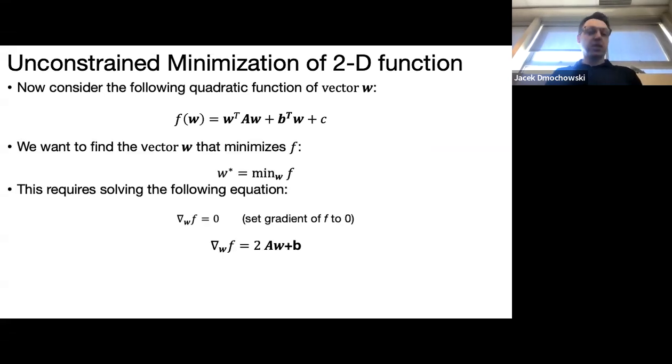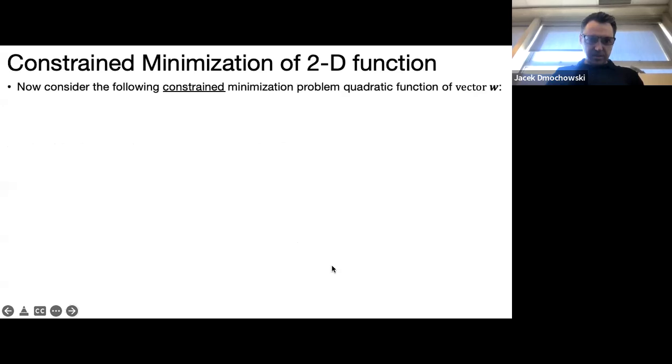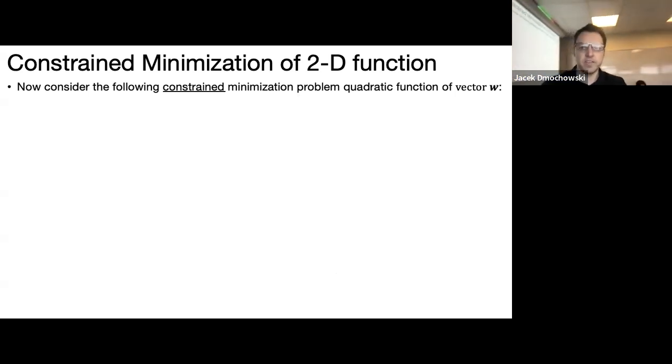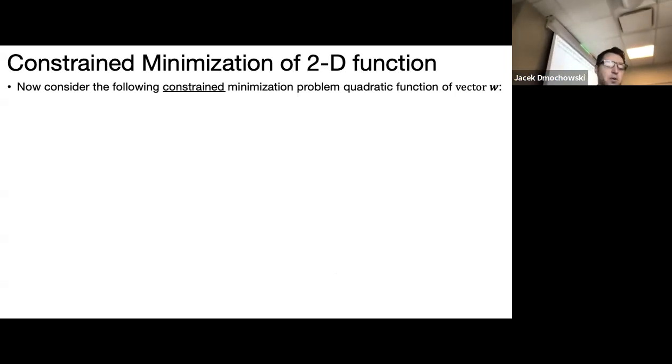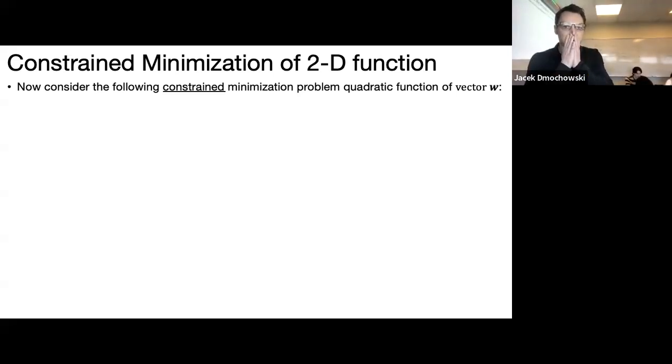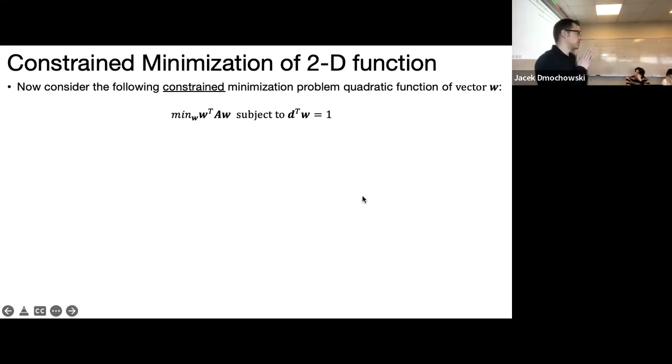But now we get to the interesting case, and this is the case that we encounter. Now we talk about constraints. In the previous problems, I was free to choose any W that I wanted, which makes it easier to solve.